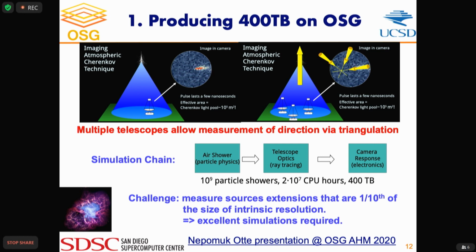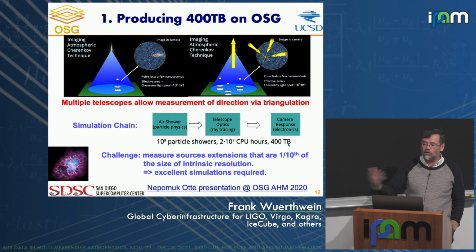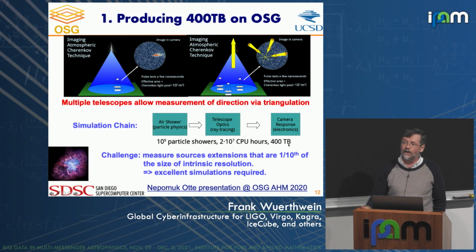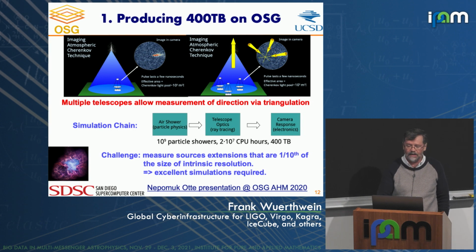Nepomuk Otte from Georgia Tech did large-scale simulations for that in order to improve their pointing accuracy and improve their reconstruction. And so he created a data sample of 400 terabytes on OSG and is now making that available for use in the collaboration to improve their reconstruction and therefore improve their science.